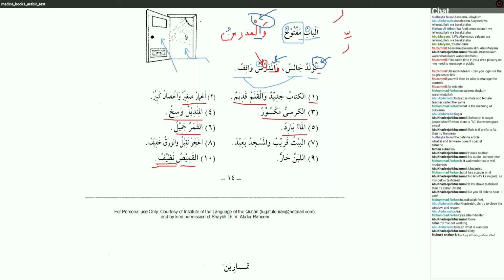Al-Qamaru is often mentioned in the Quran along with Ash-Shamsu. That might give you an idea of what Al-Qamar is. Beauty. Al-Qamaru Jamilun.